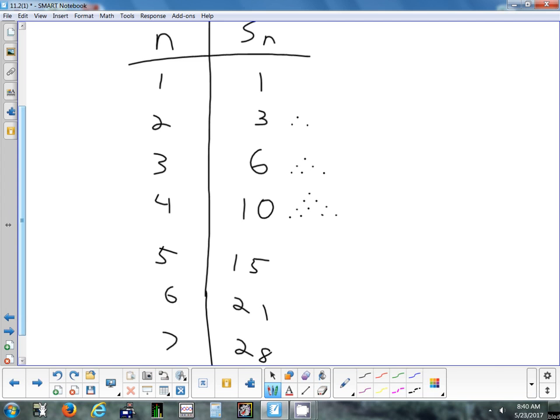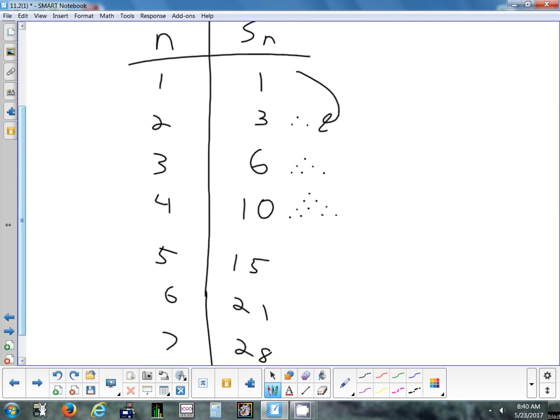Yeah? You add the number of the term that you have to the previous term. So for term 2, you add 2 to 1. For term 3, you add 3 to 3. For term 4, you add 4 to 6. So yeah, you keep adding one more each time.